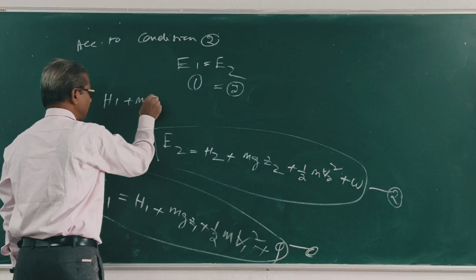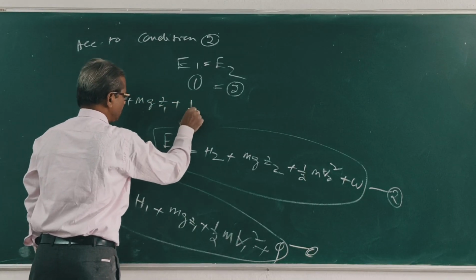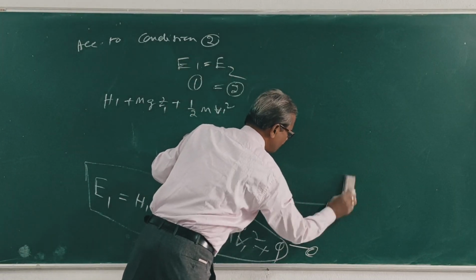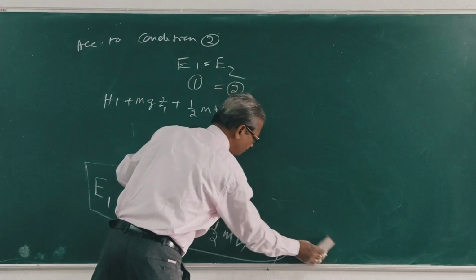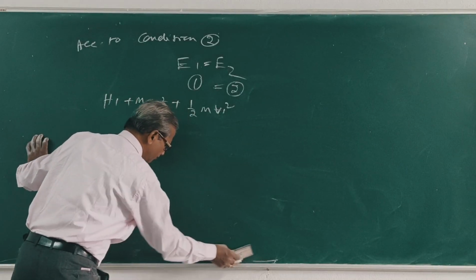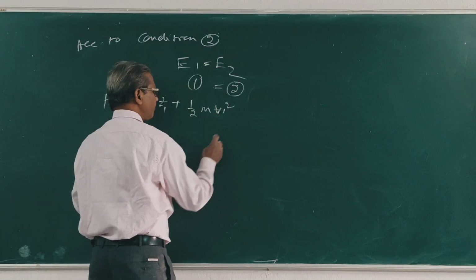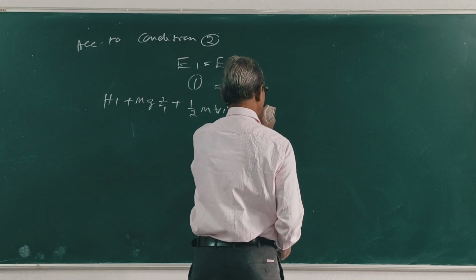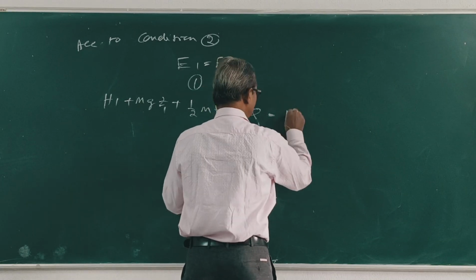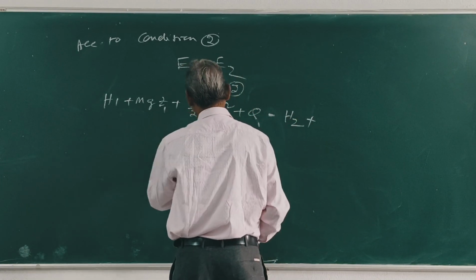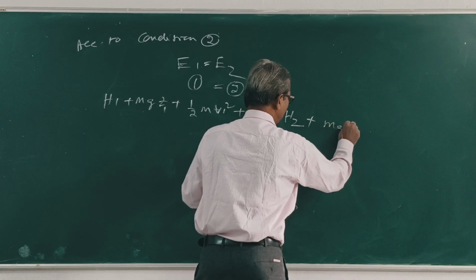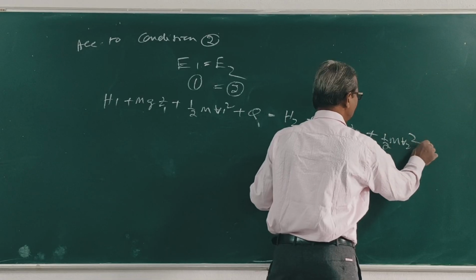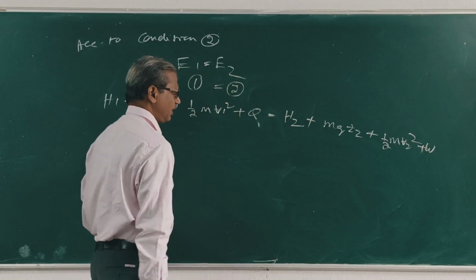H1 plus mg Z1 plus half m v1 square plus Q is equal to H2 plus mg Z2 plus half m v2 square plus W, right?